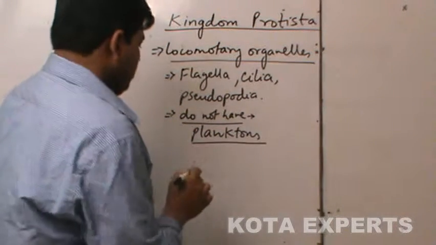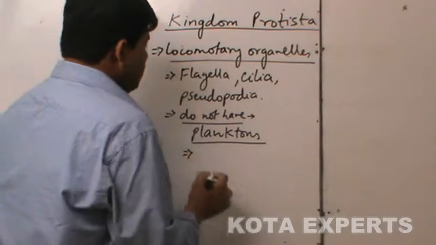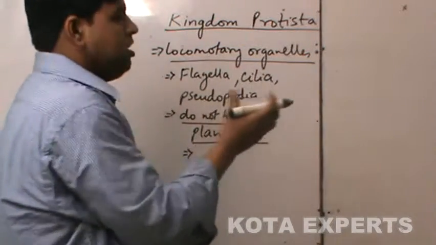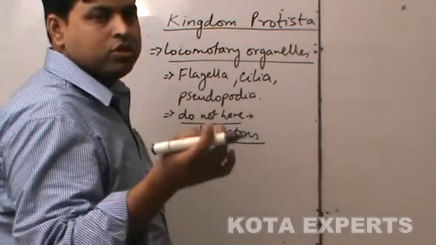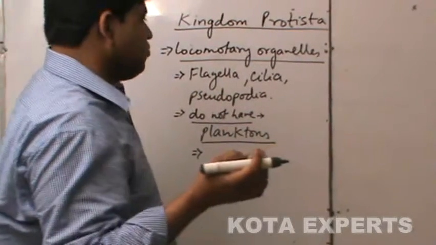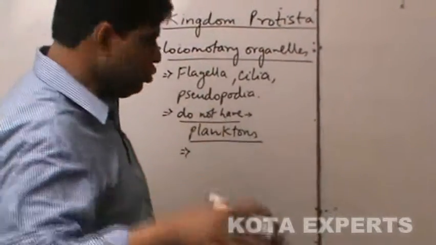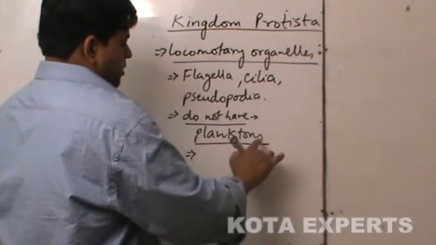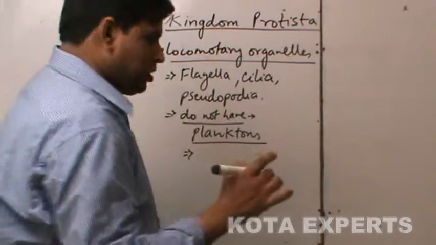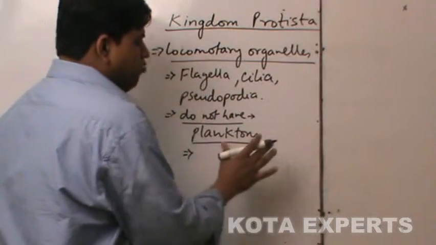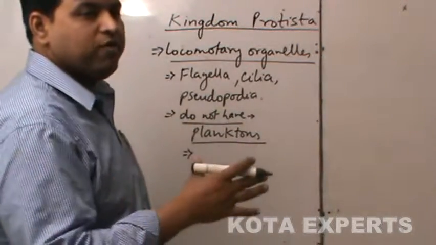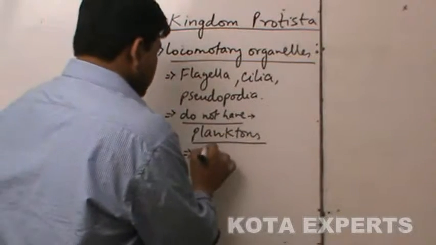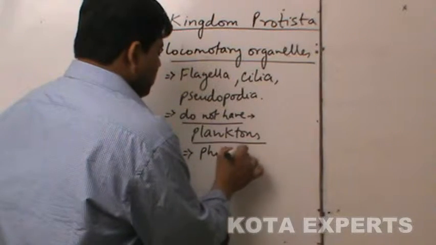Because this kingdom Protista includes plants and animals, all those organisms which are unicellular and eukaryotic, the plants which are planktons, that is, they do not move on their own but move with the water current, are known as phytoplanktons.